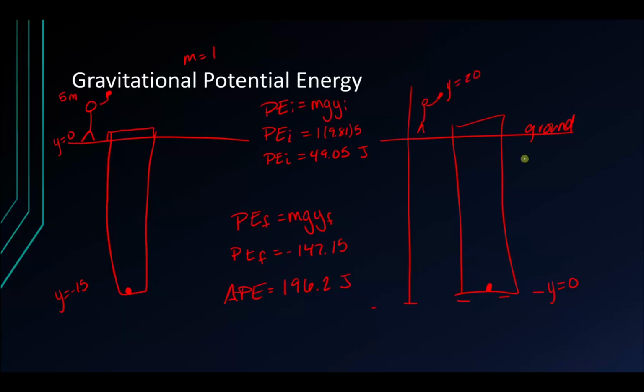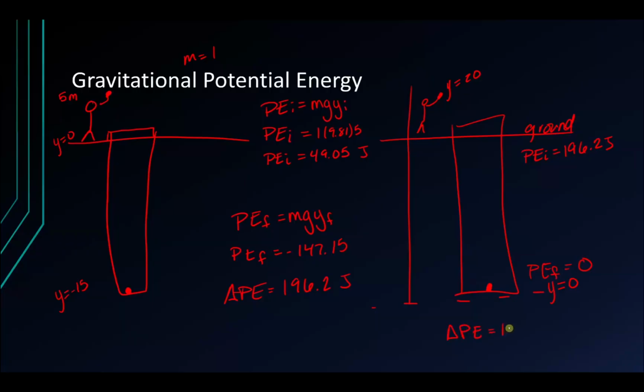So doing this calculation all over again, my potential energy initial in this situation is going to be 20 times 9.81, which is 196.2 joules, and my potential energy final is 0. Why? Because my y is equal to 0 at the final position. I still have the same change in potential energy.